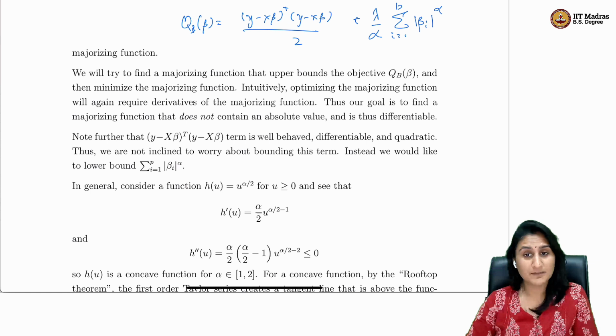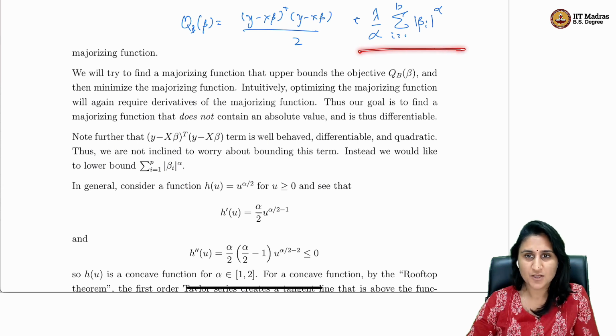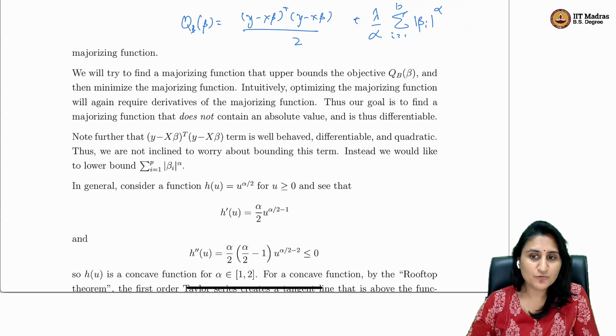I want to construct a majorizing function, but the only part of this that's non-differentiable and has an absolute value is this part. So if I can bound this particular function and replace it with some function that is differentiable and in such a way that it actually becomes a majorizing function, that's what I want to do.